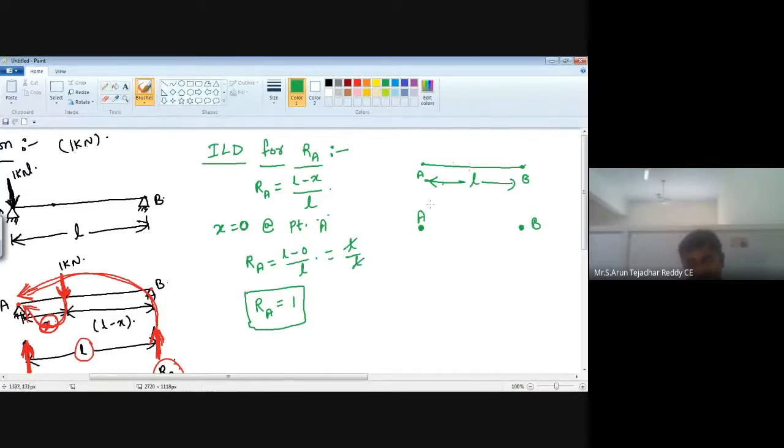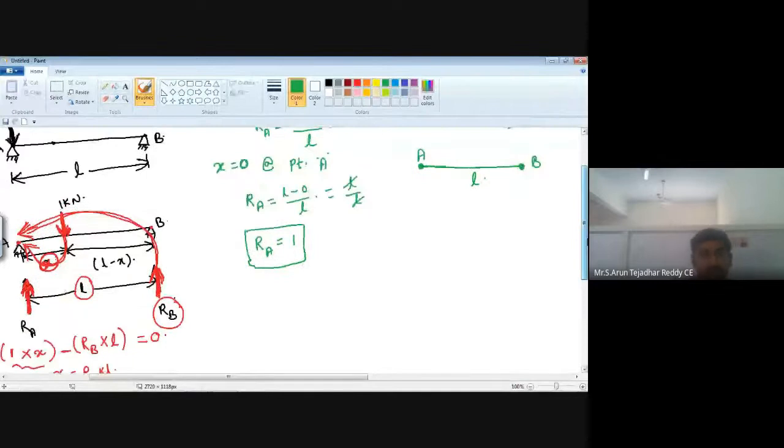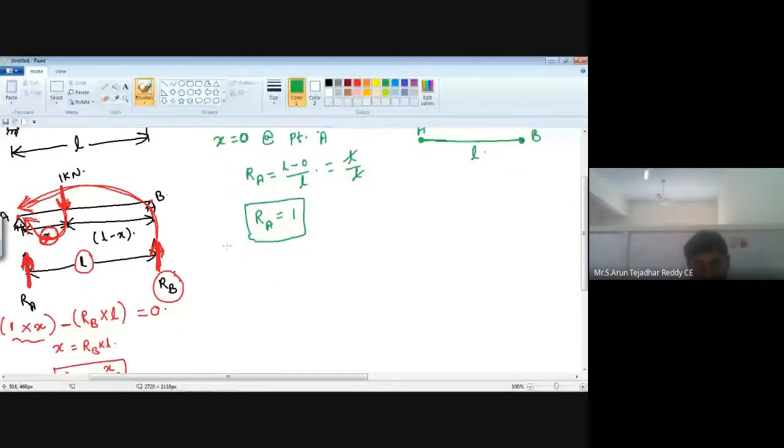Your span is starting from A and it is A to B. So our span is L here. It means at point B, x is equal to L.